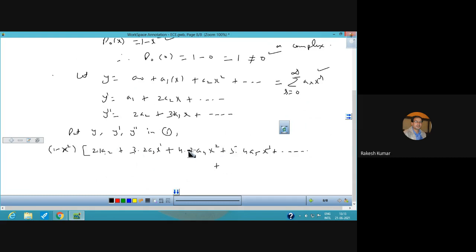From 2, 3, 4, 5, the general term is r minus 1, because 1 is less. And from 1, 2, 3, 4, the general term is r. For a2, a3, a4, a5, from this you can have the general term a_r x raised to power r minus 2.